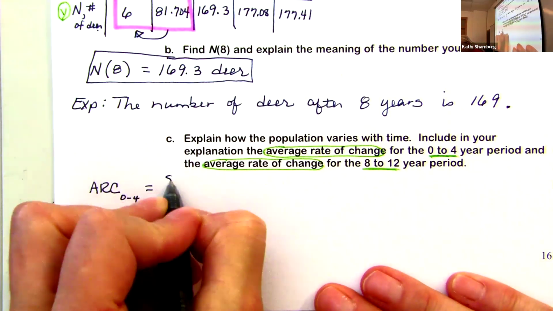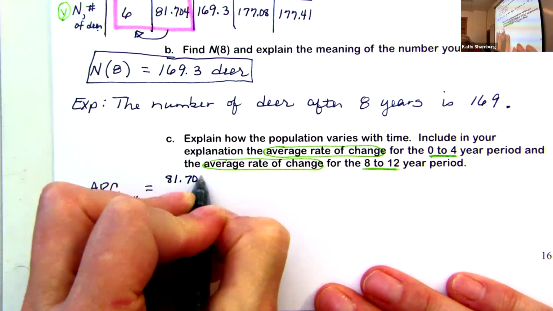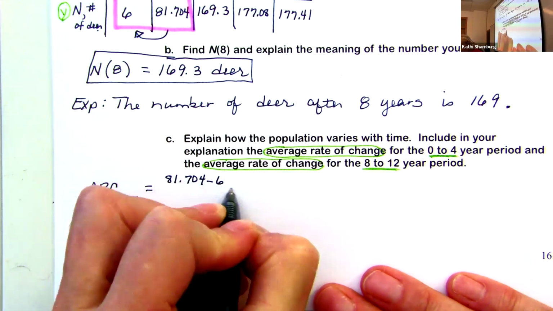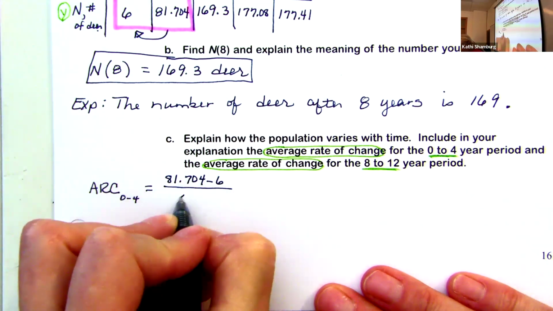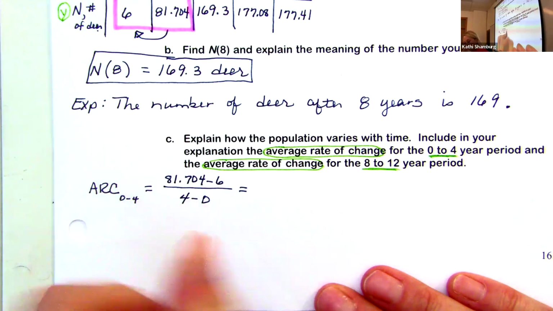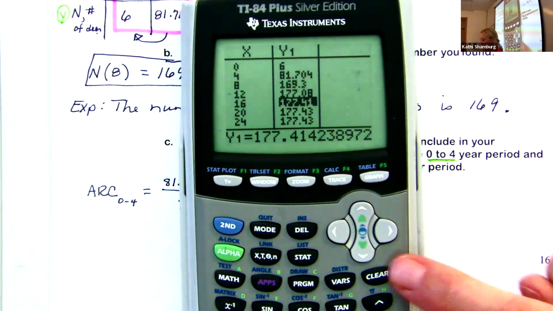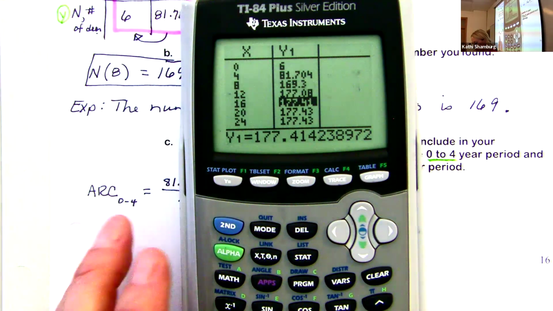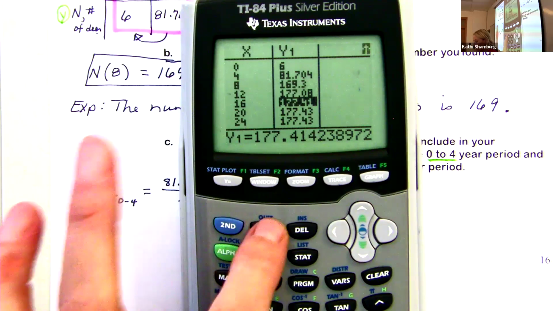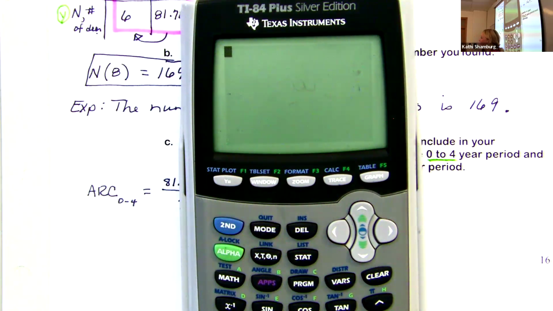So we would do 81.704 minus 6 over 4 minus 0. All right. Go ahead and clear this. No, sorry, don't clear. It didn't do anything. Do second quit, and that stuff's still all in there. So we can come back to it.